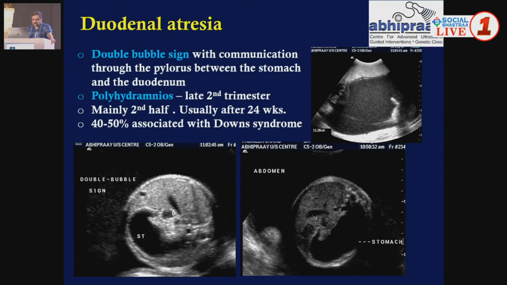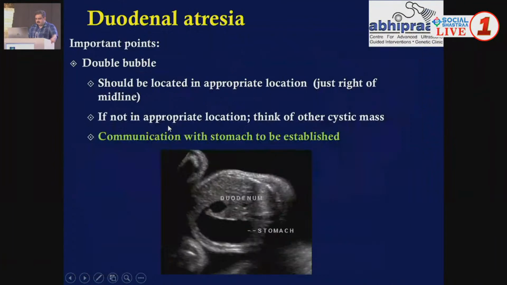The double bubble sign is the dilated duodenum communicating with the dilated stomach through the dilated pylorus. So it's mainly seen after 24 weeks, and you have to understand that there is a strong association. Almost 50% of these cases are associated with Down syndrome.